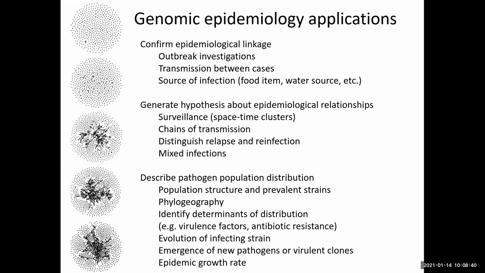So we can think about how new mutations might promote the emergence and proliferation of a particular strain. And obviously that leads us into understanding the evolution of strains, virulence, and how these interact to promote epidemic growth, okay? So there are lots of different levels of genomic epidemiology that we can use.